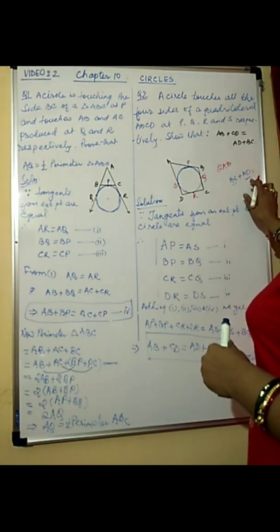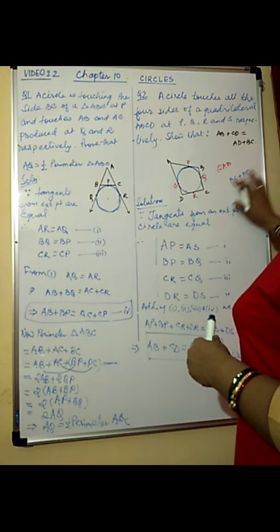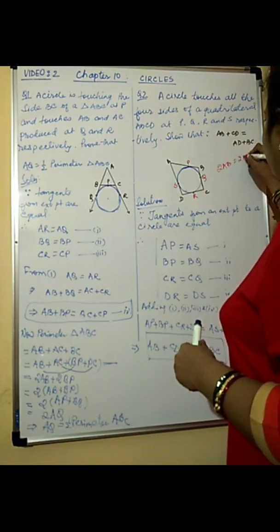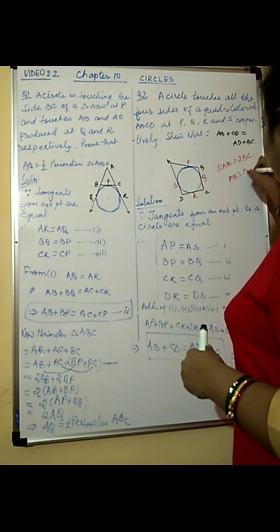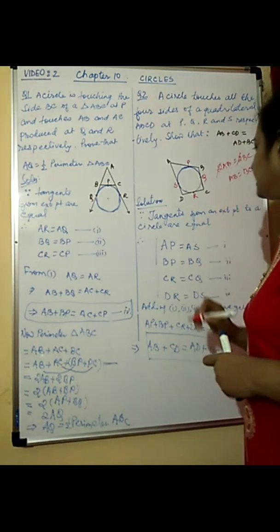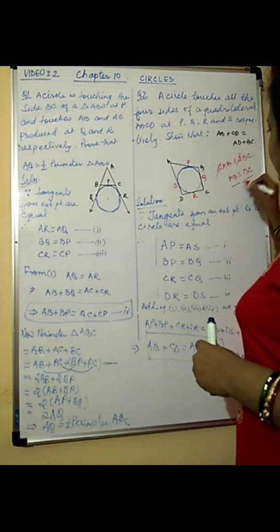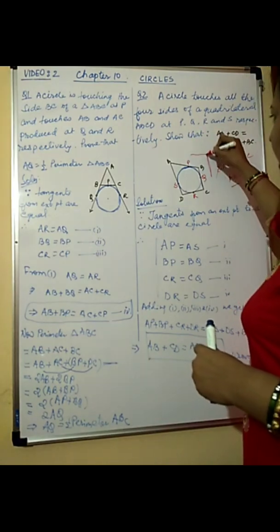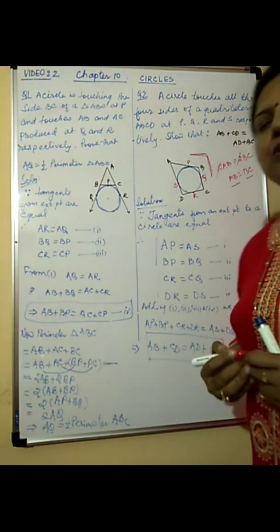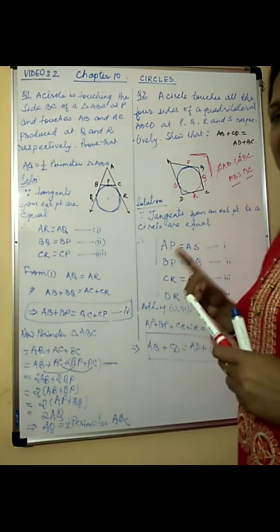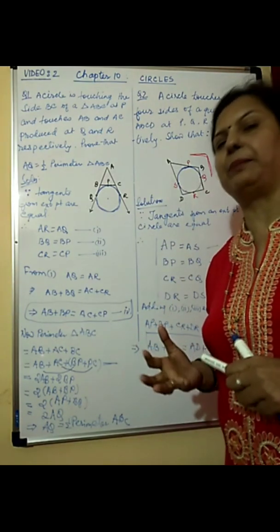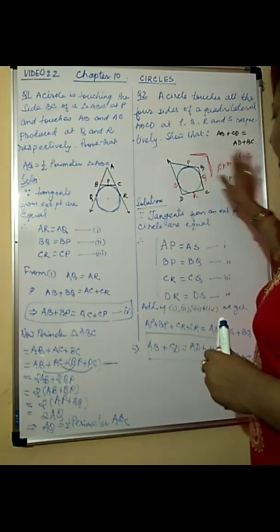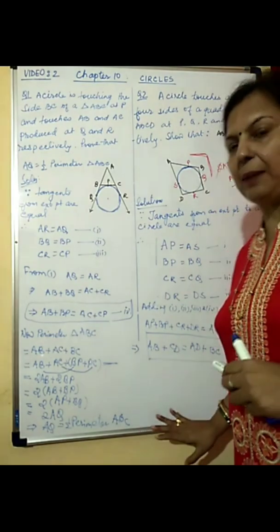And in place of BC plus AD, we can straight away write 2BC. Now we get AB is equal to BC. These two cancel. And what are AB and BC? AB and BC are the adjacent sides. So if a pair of adjacent sides in a parallelogram are equal, then the parallelogram is a rhombus. So that is the only change that is going to happen.